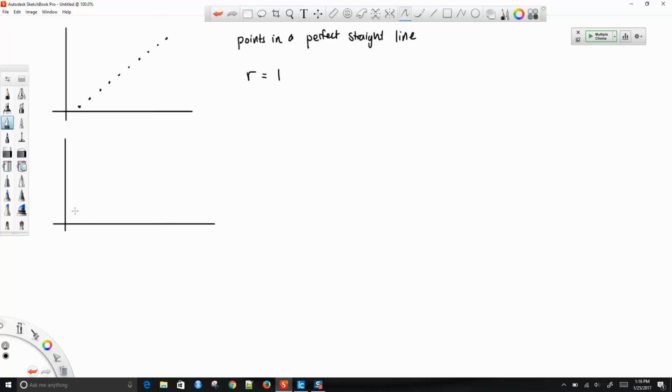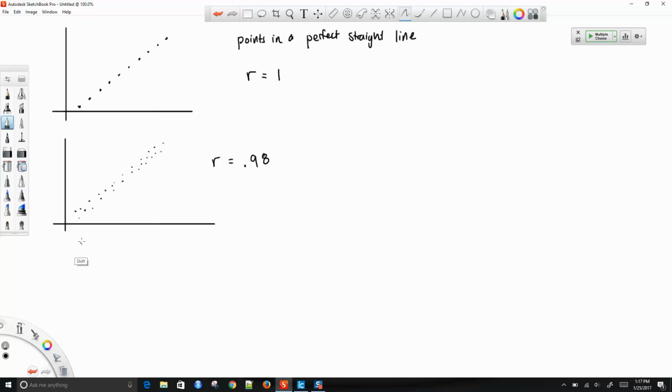If you have a little bit of scatter, something like this, R would be something like 0.98.